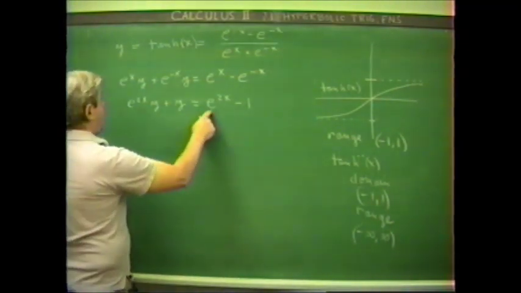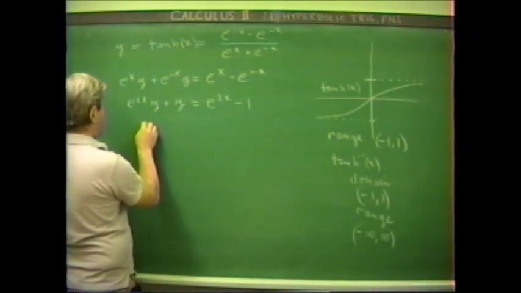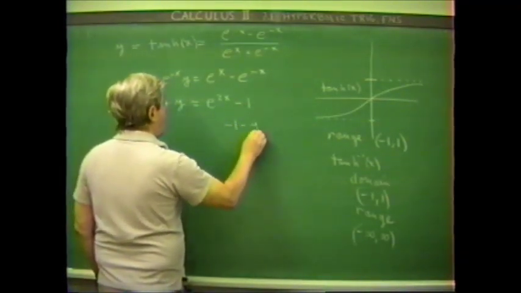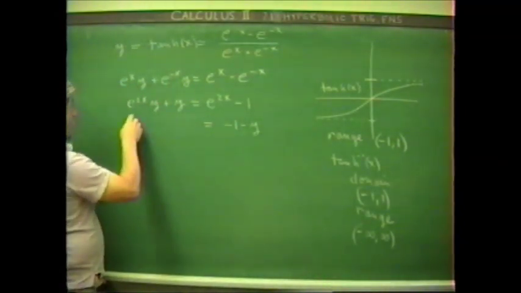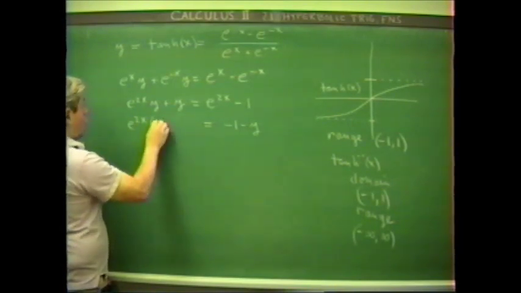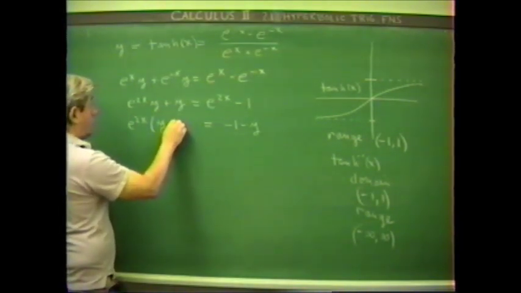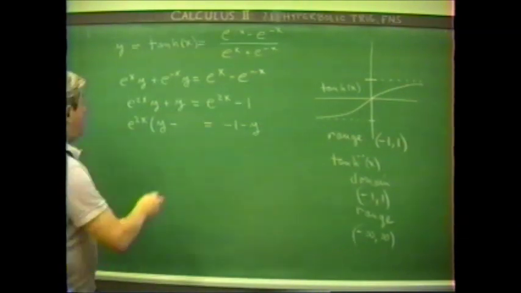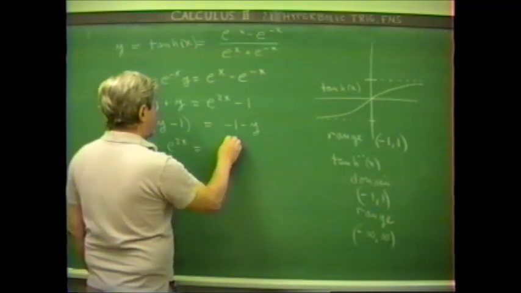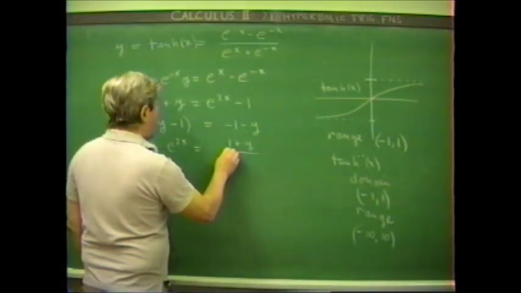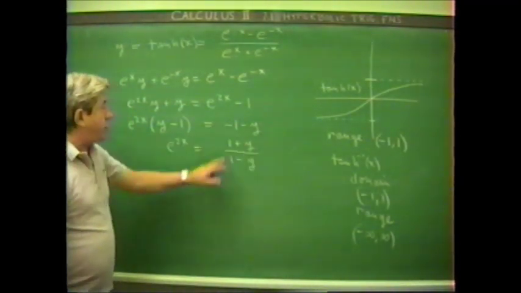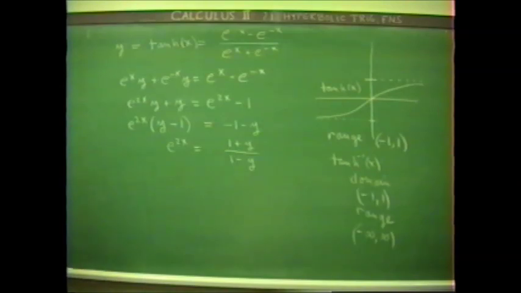Let's collect the e to the 2x terms to this side, so that we have minus 1 minus y on this side, and on this side e to the 2x times y minus 1. So we get e to the 2x is equal to 1 plus y over 1 minus y, dividing both sides by y minus 1 and correcting this by multiplying numerator and denominator by minus 1.